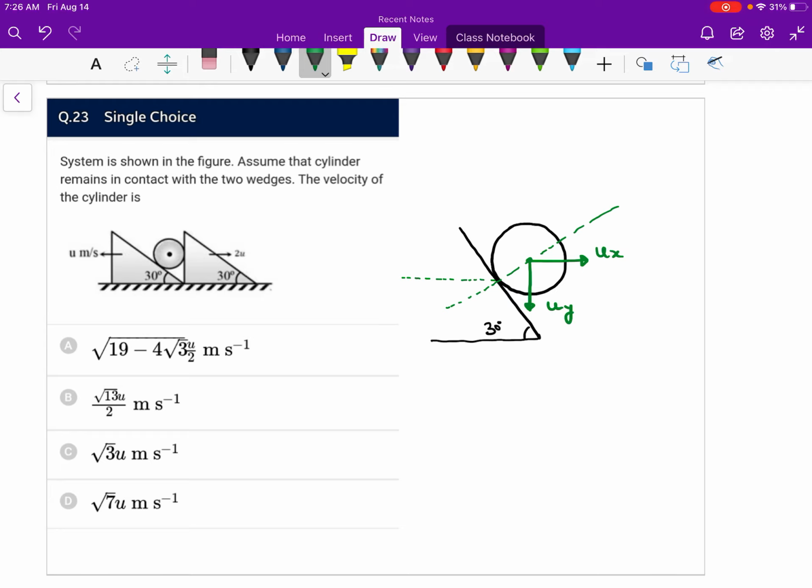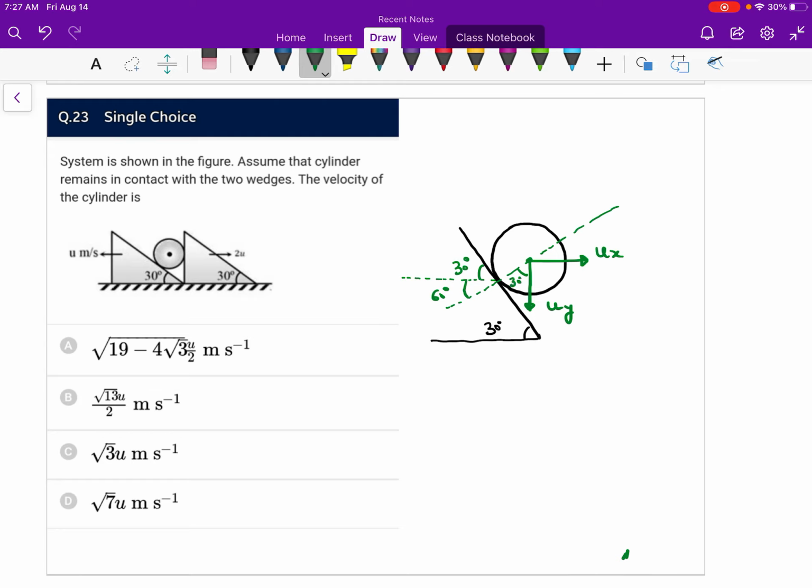All right, so this is 30 degree and this is 60 degree. So ux and uy, and this is again 30 degree.